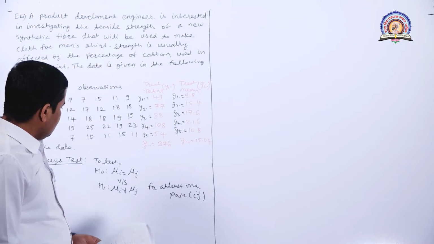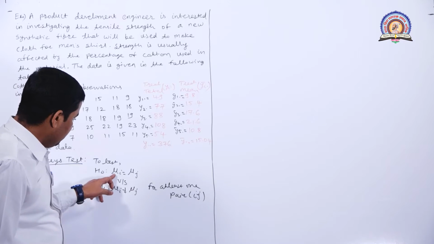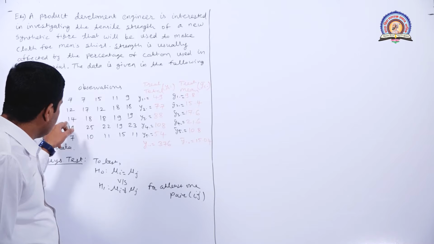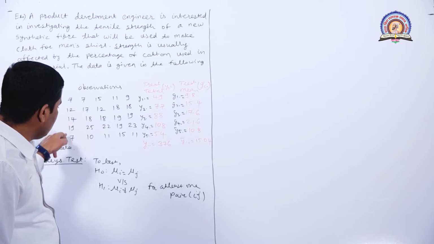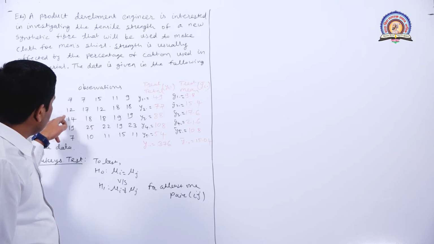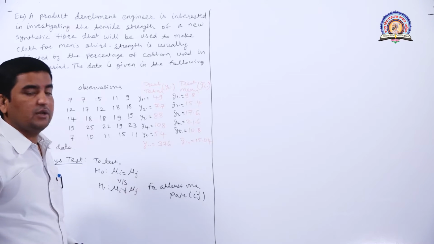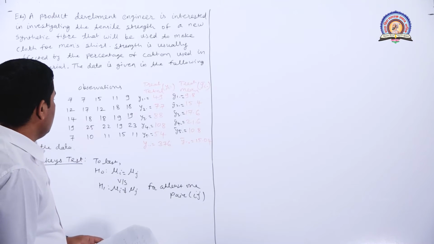This means we are going to check whether mu1 equals mu2, mu1 equals mu3, mu1 equals mu4, mu1 equals mu5, similarly mu2 equals mu3 or not. All these pairwise comparisons we are going to do using this statistic.